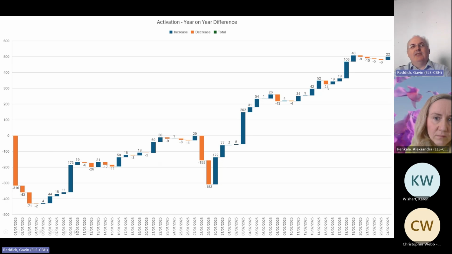And then since then, the number has gradually been increasing day on day. So you can see the dark blue are increases, the orange are decreases, comparing that specific day last year and this year. And currently, we're about 500 activations higher than we were at this point last year. So more people have logged on for the first time overall.